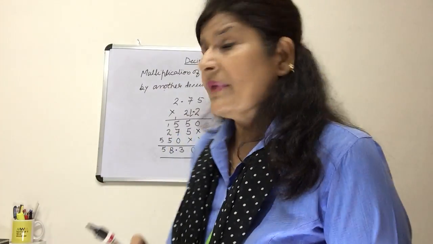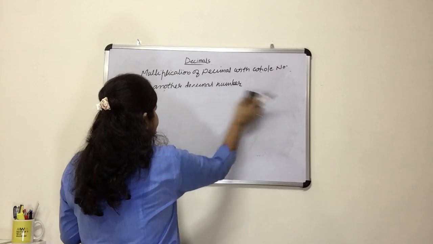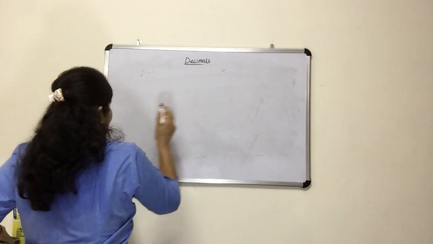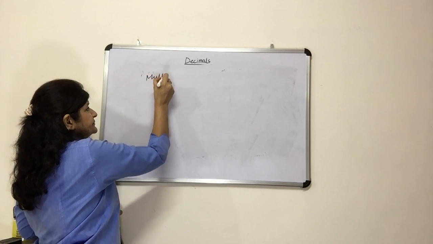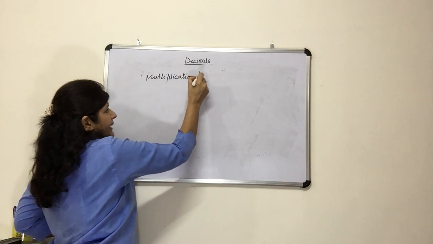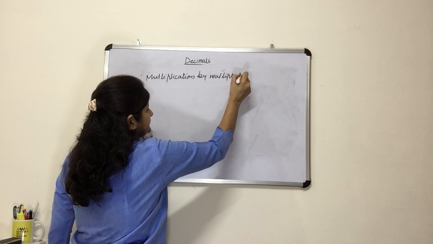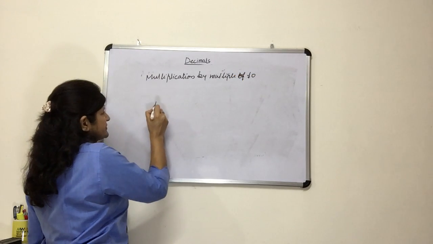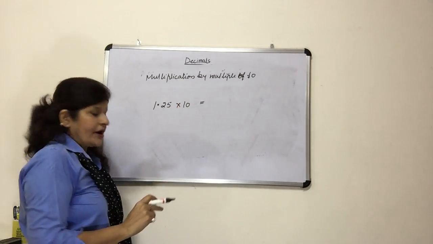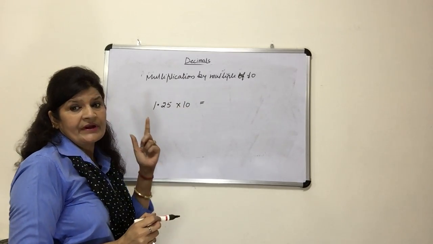Now coming on to the multiplication by multiples of 10. Multiplication by multiples of 10 means, suppose 1.25 multiplied by 10. See the 0, how we are multiplying it.